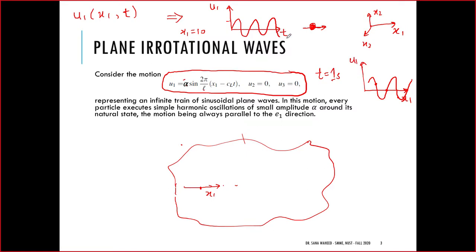ठीक है जी कि ये अगर मैं u1 against x1 देख रही हूँ, so what is the distance between two particles at opposite ends of the entire wave basically.